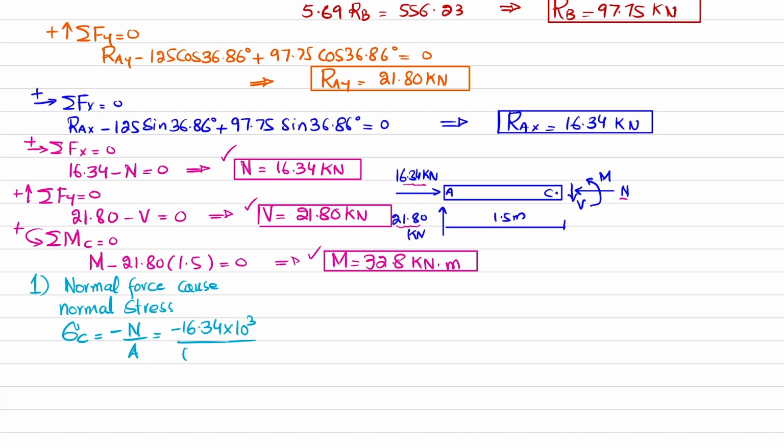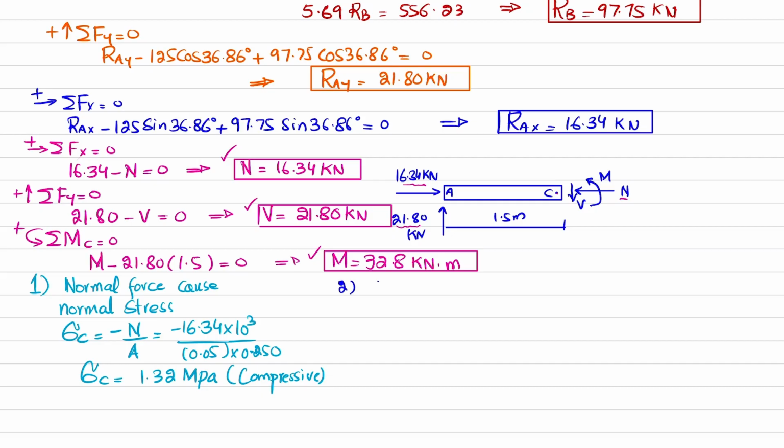So I will write 0.05 multiplied by 0.250. Okay. So when you solve this, you will get normal stress will be equal to 1.32 megapascal. That will be negative. But if you remove the negative sign, you can write that this stress is compressive. Okay. Now the second case is that you will have a shear force.